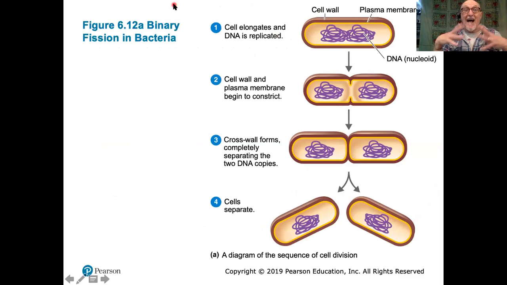Let's talk about how it is that bacteria actually do divide. Bacteria divide by binary fission. They grow to a certain size, and there are cellular signals which are sent to the cell to instruct them to divide.